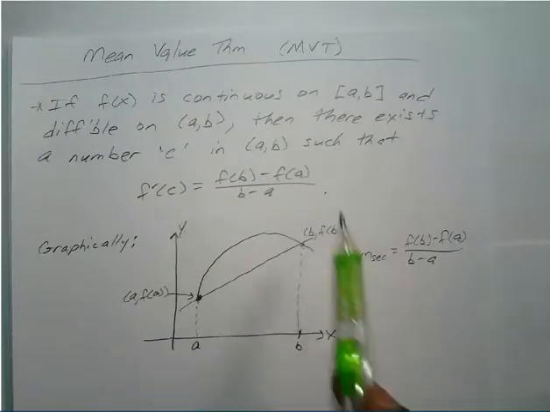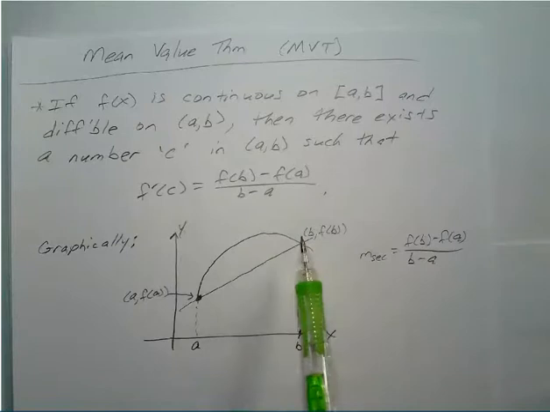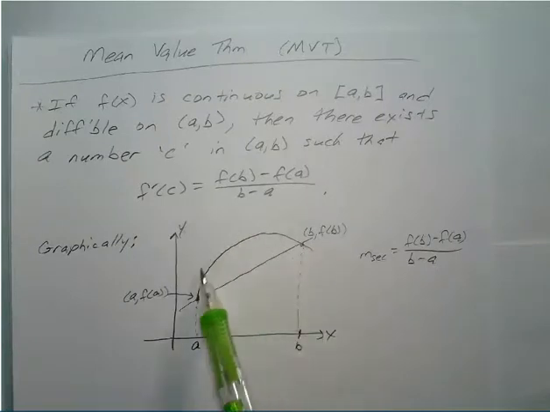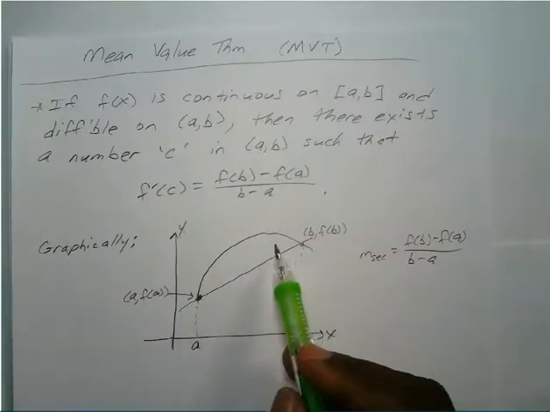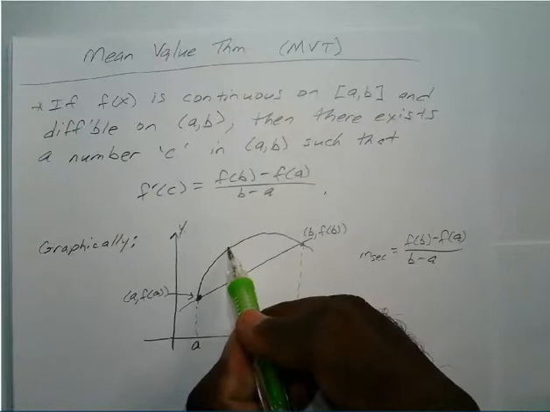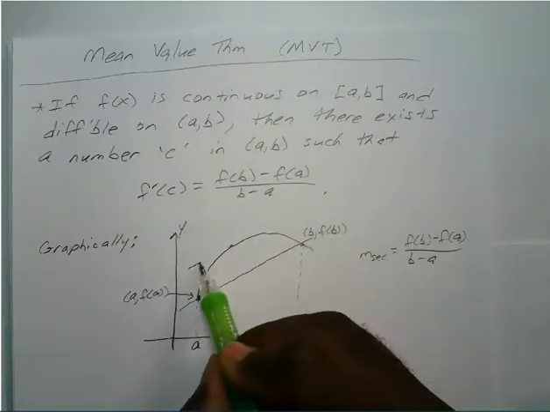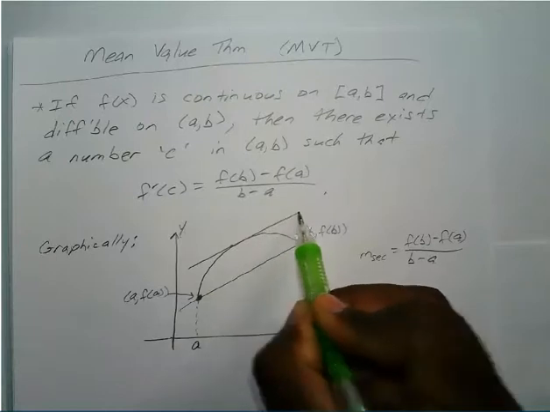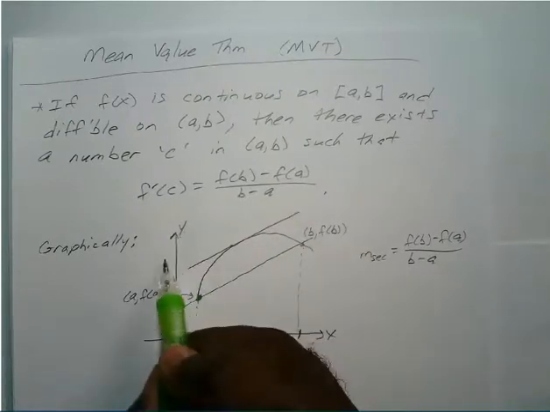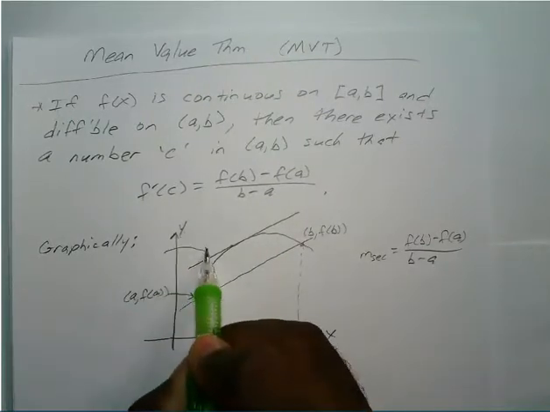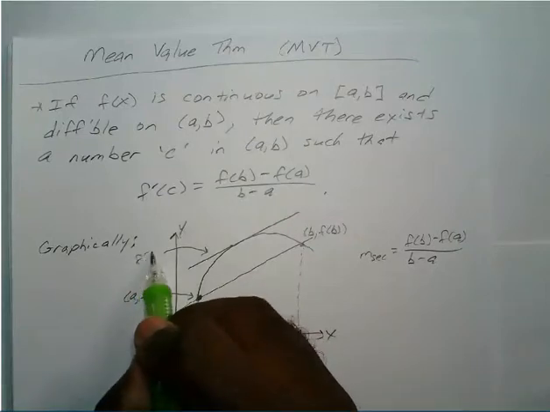Okay, so what the mean value theorem is saying is that somewhere between that a and b there exists a point that has that very same slope. And that would be your f prime of c.